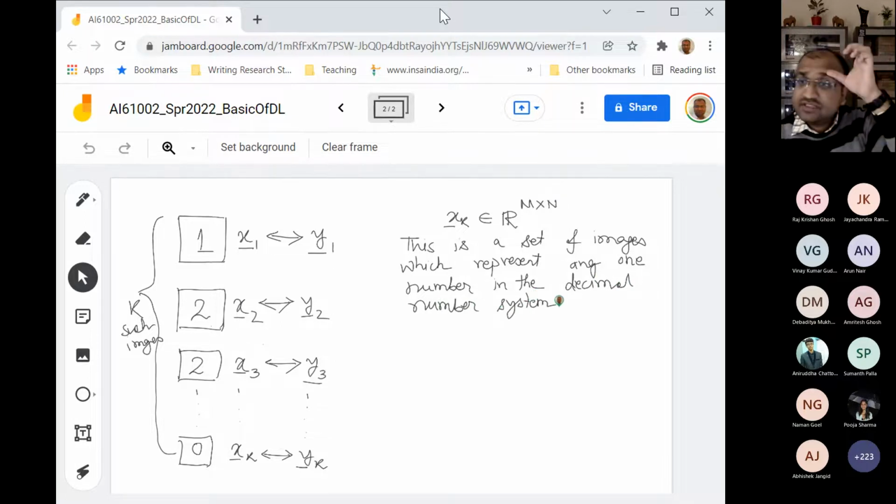Now, if each image essentially represents a number in the decimal numbering system, then how will this y look like?